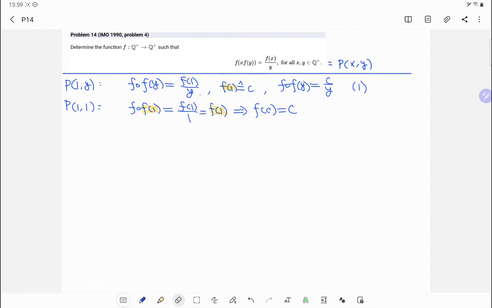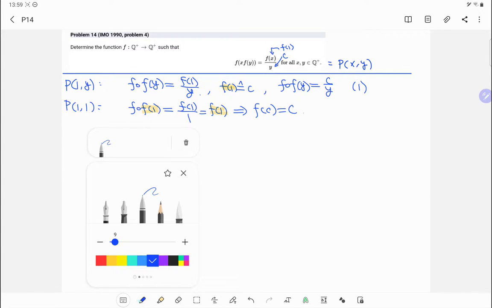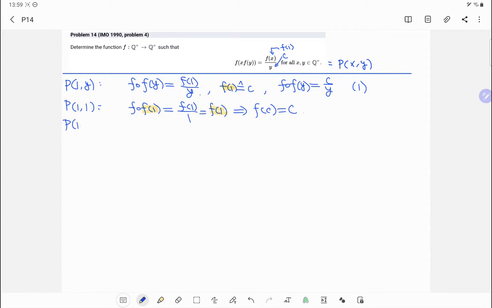Next, on the right side, let us pick x to be 1, so it becomes f(1), which is c, and let's pick y to be c, so it becomes f(1 over c), which is c over c, which is 1. So we can simplify the right hand side. So we have P(1, c).